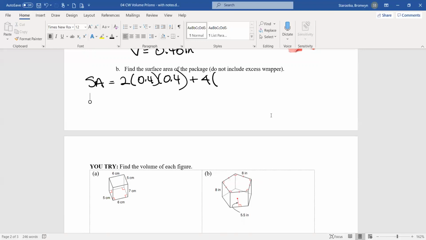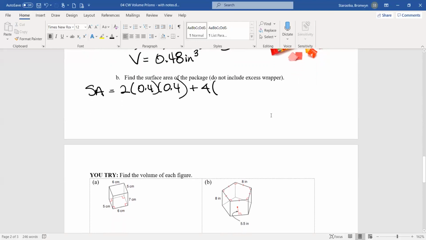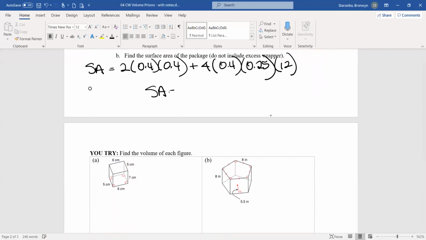Hold on, my notes are messed up. So then we want the rectangular pieces, which have a width of 0.4, a height of 0.25, and again, there's 12 of those. So plugging into our magic calculator machine again, our surface area is 512 inches. Pause, pause, pause. We're talking about surface area, inches squared.